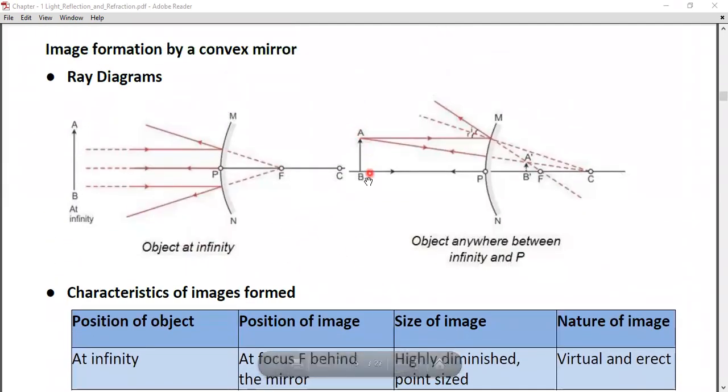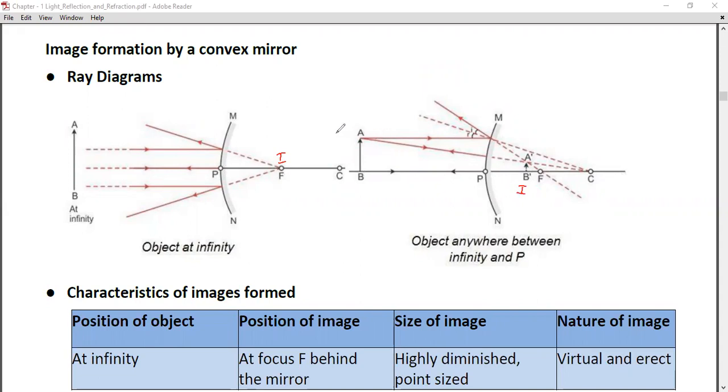And when the object is kept in front of the mirror, then you will be getting the image between focus and pole. See, this is the object at infinity, and here you will get the image. B dash is the image.